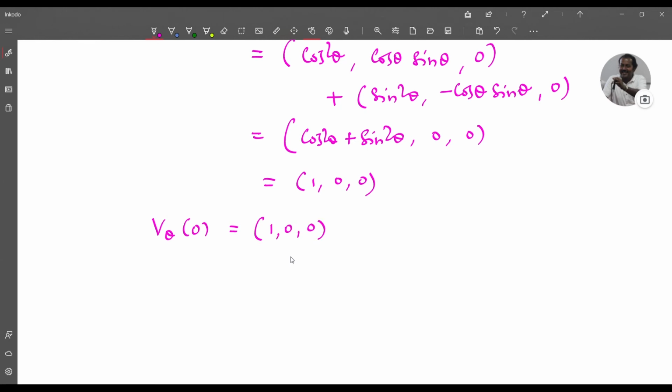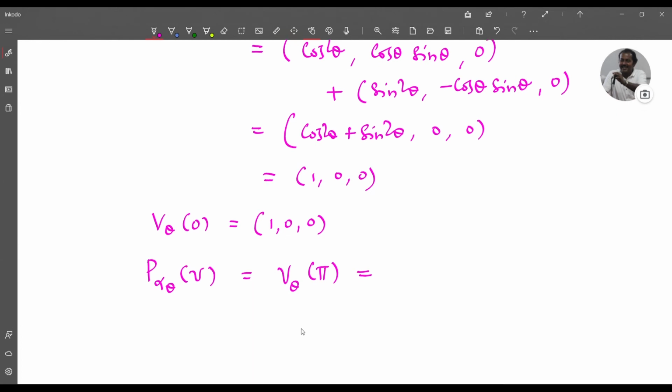And P alpha theta of v is actually v theta of pi, translated to the south pole. So this is equal to cos theta alpha theta dot of pi minus sin theta into n of alpha theta of pi cross alpha theta dot of pi.